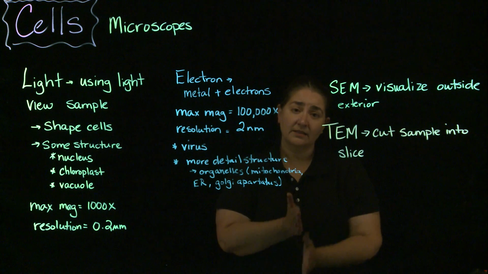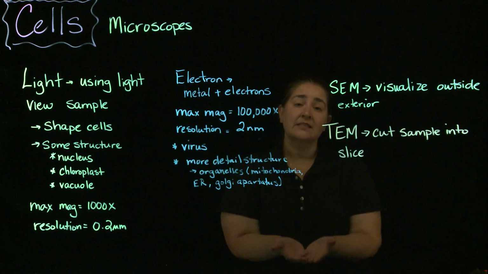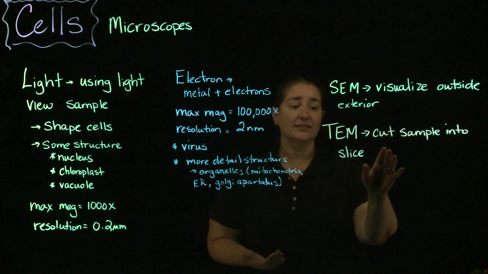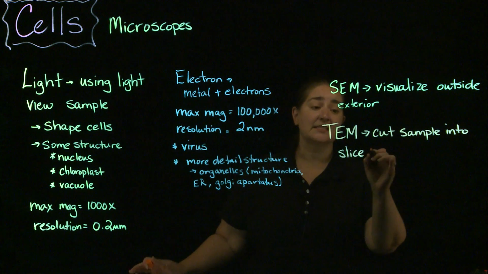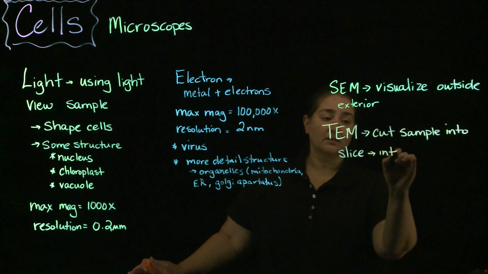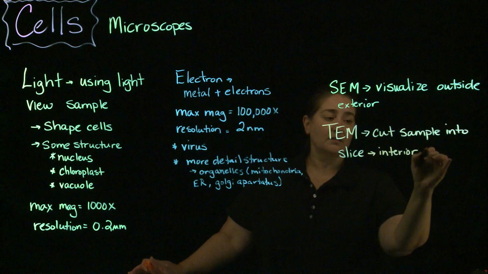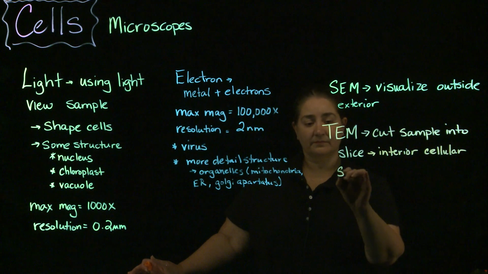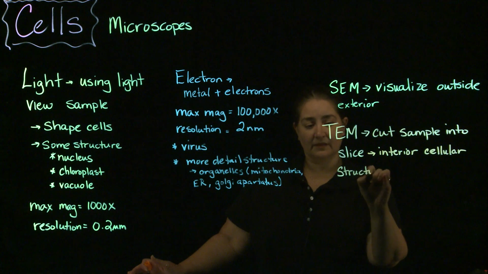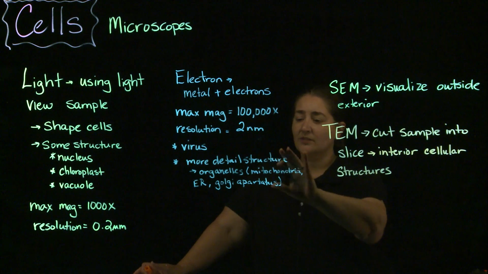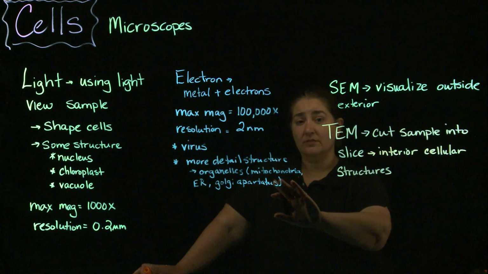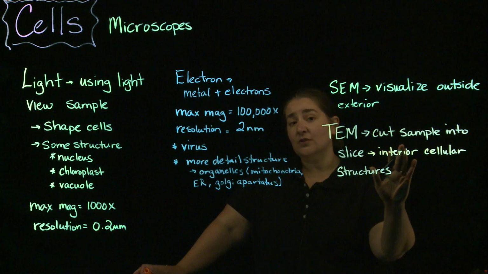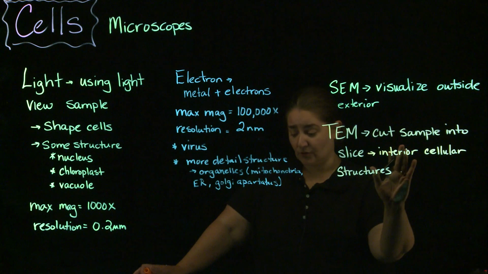If you cut the loaf of bread into slices, the transmission electron microscope is going to look at the slices. So you get to see interior cellular structures. So when I talked about being able to visualize the organelles, you're going to be using a transmission electron microscope.